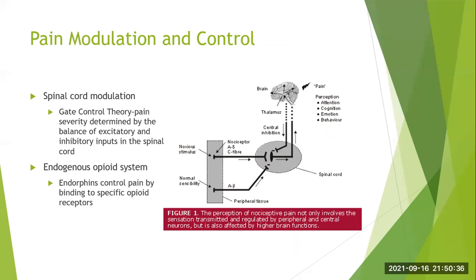So the A delta and C fibers are going to be excitatory inputs. The A beta fibers are going to provide inhibitory inputs. And if there's enough inhibitory input, you can actually close the gate, is what we call it, in the spinal cord and keep the pain signals from going up to the central nervous system.